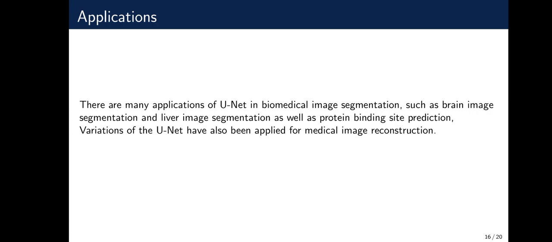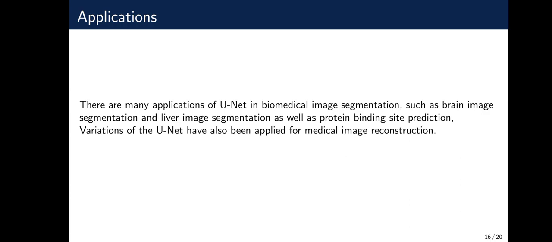Next, let's check the applications of U-Net in biomedical segmentation, such as brain image segmentation, liver image segmentation, as well as protein binding site prediction. Variations of the U-Net have also been applied for medical imaging in order to check for prostate cancer, liver cancer, nasopharyngeal cancer, breast cancer, blood vessels, uterus, vertebral column, spinal cord, femur, and placenta.